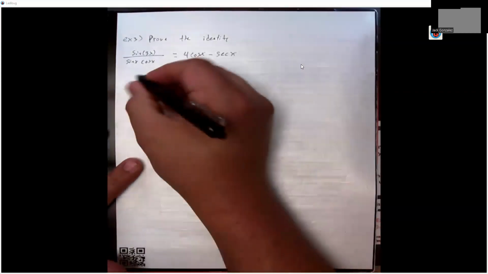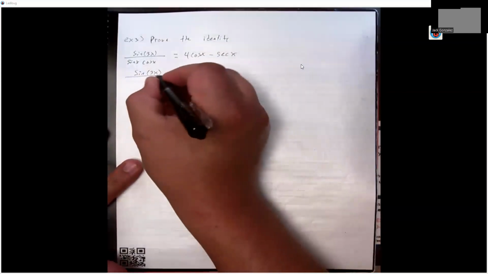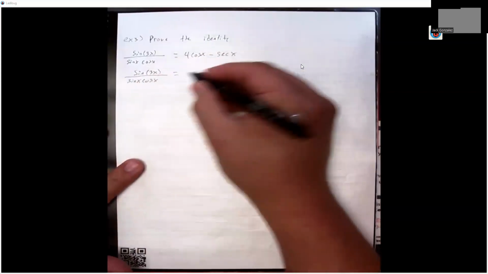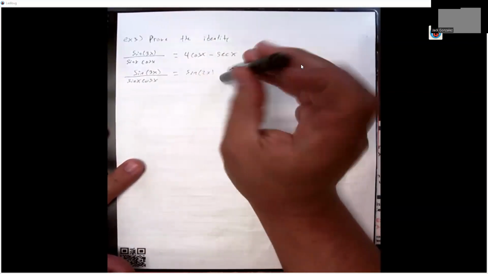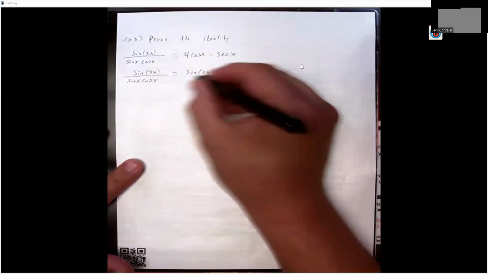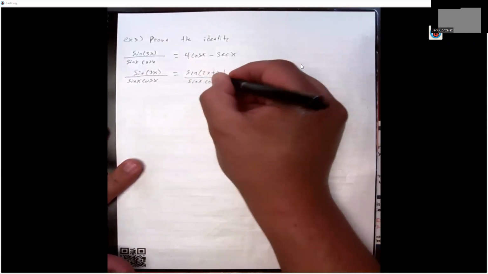Okay. So change this to, on purpose, 2x plus x inside. So now that you have a sum of angles, right?